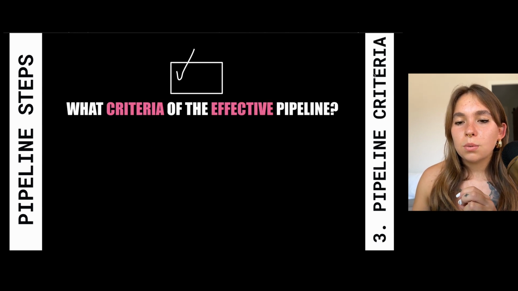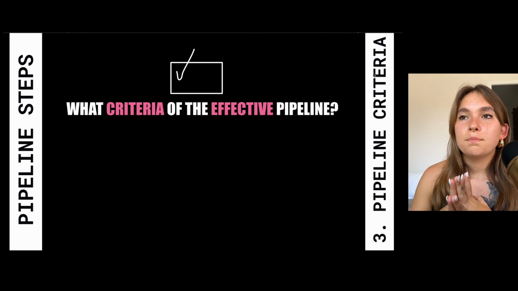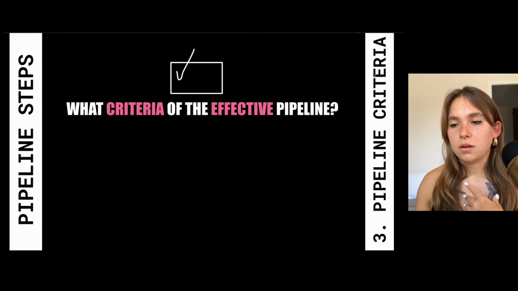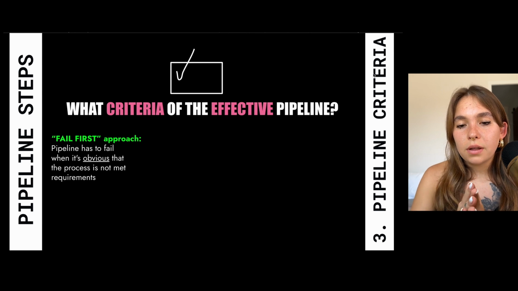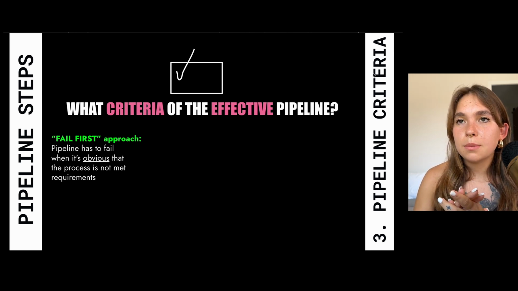Okay, so what are the criteria of an effective pipeline? This topic is also really important because we can set up a pipeline, but how do we create a really cool and at the same time useless pipeline if we don't follow these criteria? So, which criteria? First of all, the fail first approach, which is just the example I mentioned before.